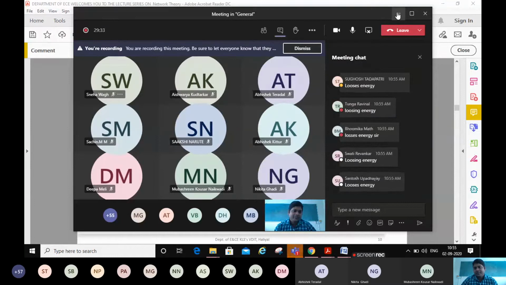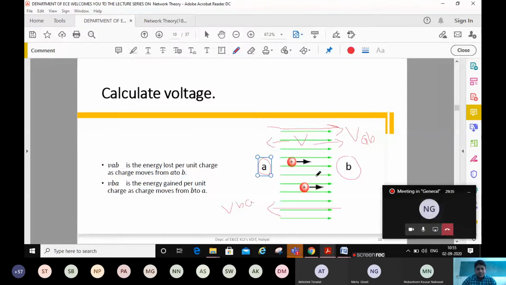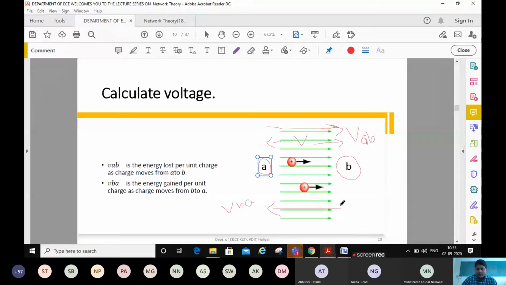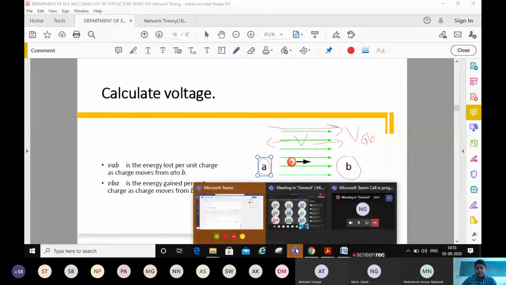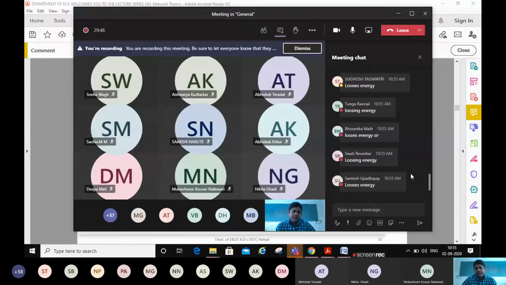Okay, come back to the topic now. If you assume that the charges are in opposite direction, they will gain energy. If they are in the same direction, they will lose the energy. If they are in the opposite direction, they are going to gain the energy because they have to bypass the other direction and move to the other side.